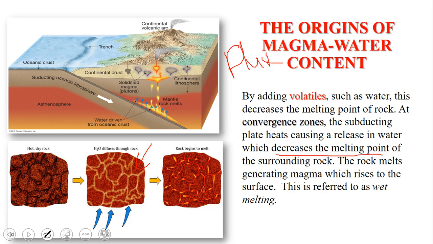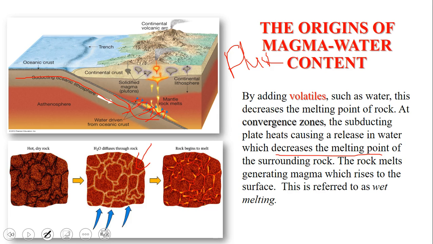Well, of course, where is this most common? At subducting boundaries. What you have going on over here is this oceanic crust, which is, of course, basalt. It's going to have a high water content. As it subducts, the temperature rises on it, and it's going to release water to the surrounding rock. By releasing that water and having that whole area become what is called wet rock, you're going to drop that melting point.